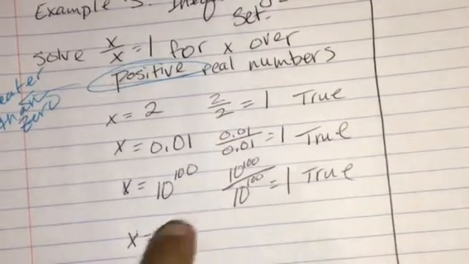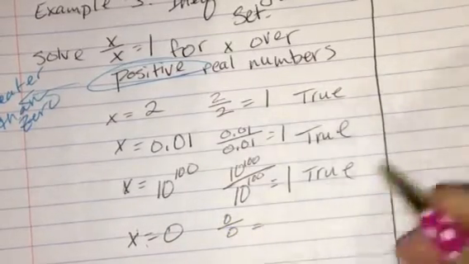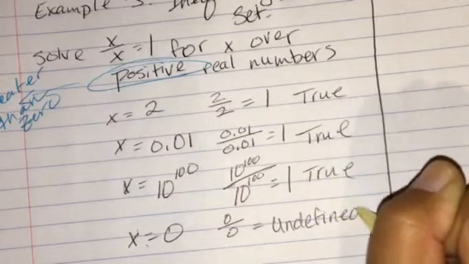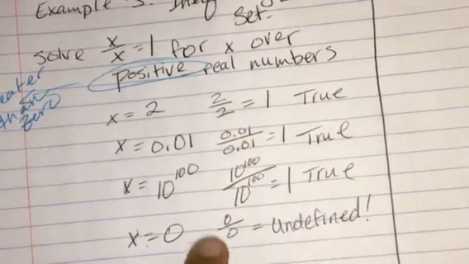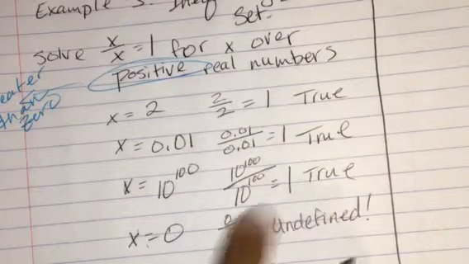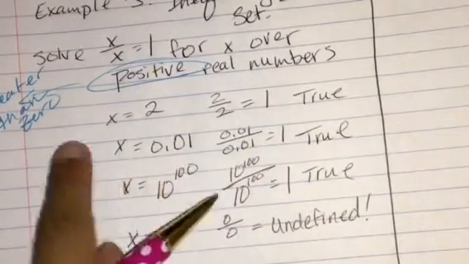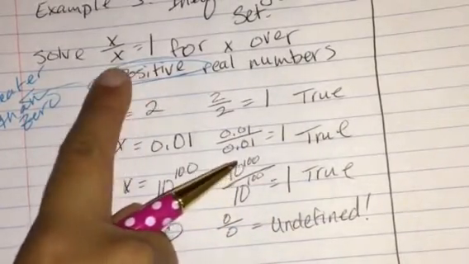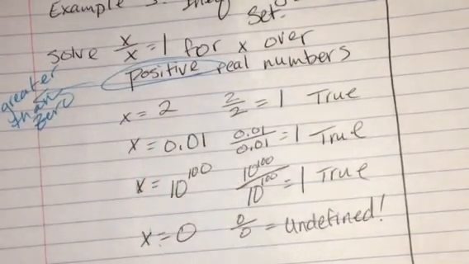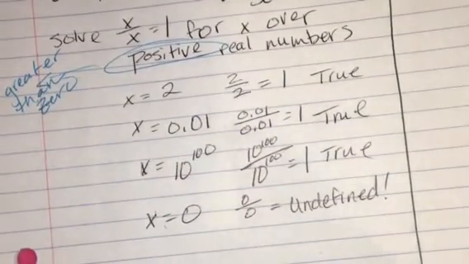This is neither a positive nor a negative number, but let's just try this to see what happens. 0 over 0 is undefined. Therefore, it is not true. So every single number we tried, even though they were weird, made this true, except for 0. Granted, it wasn't a positive real number, but now let's write this in words.